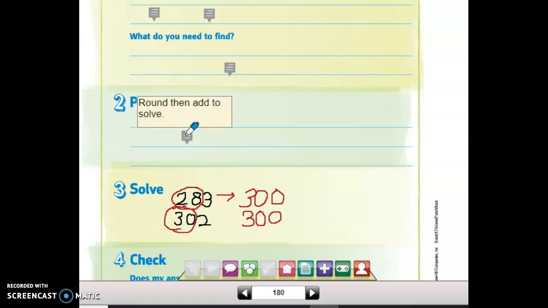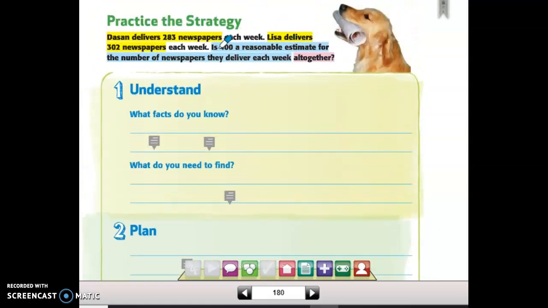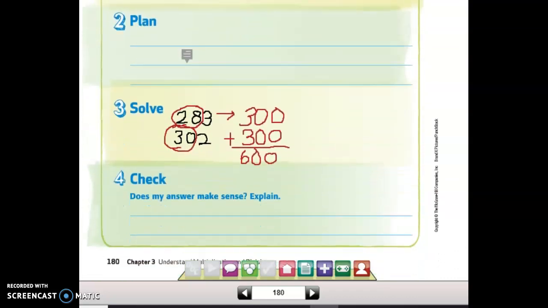And according to my plan, round and then add to solve. So when I add, I get 3 plus 3, and that is 6. And I'm talking my hundreds place, so I need to add my zeros for my hundreds place. And we can see 600 is what we get when we round and solve, which means 400 is not a reasonable estimate for this operation. Does my answer make sense?